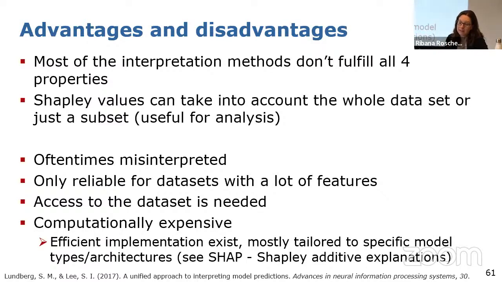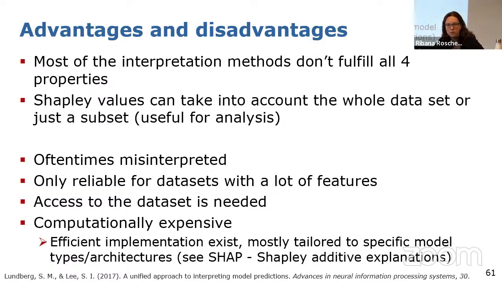And you need access to the data set, which is not always the case. And this computation is super expensive because you need to compute all the coalitions. I remember when we did experiments, it took a while. But there are efficient implementations, mostly tailored to specific model types or architectures.